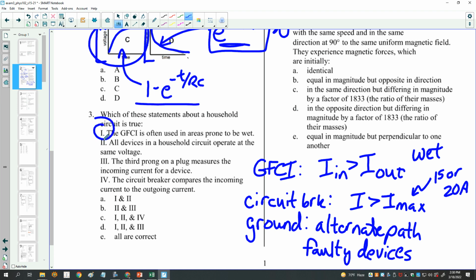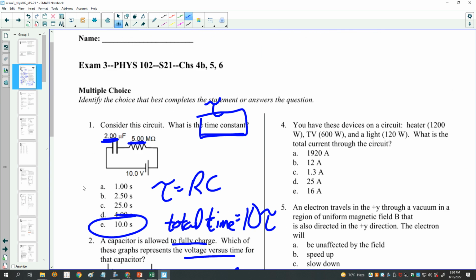So for the GFCI, that's true. Also know some other basic things, like all devices in a household circuit operate at the same voltage. You'll need to know that number, by the way. It's 120 volts. This is not true, and that's not true. So for that, the answer would be 1 and 2.